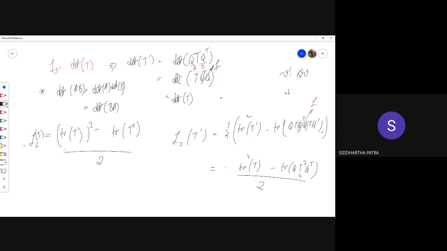Now trace of t squared is an invariant of t squared, which means if I rotate t squared with q and q transpose, it's going to remain the same. So this is essentially trace of t squared, which shows that this is I2 of t, our second invariant.